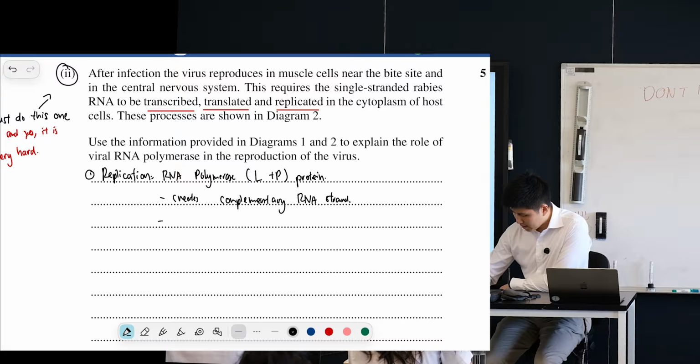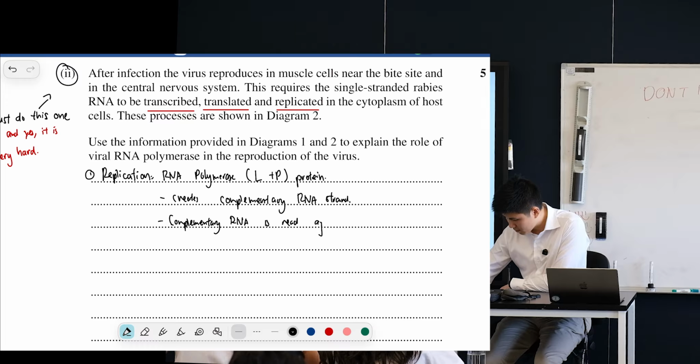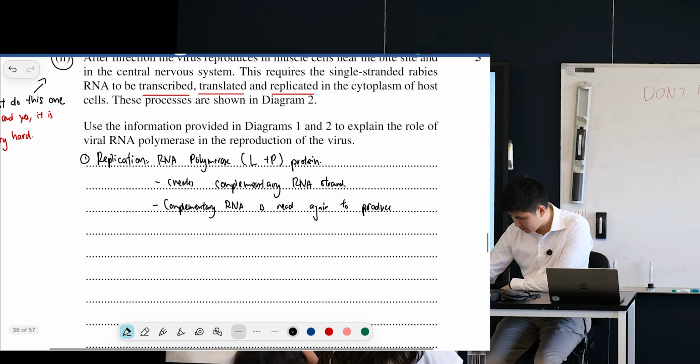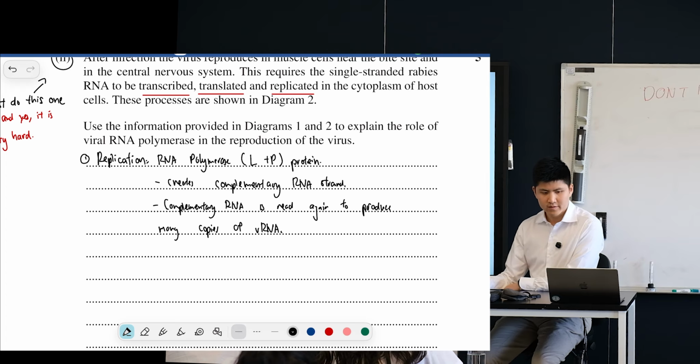And then I say this strand, so complementary RNA, is read again to produce many copies of viral RNA. Cool.